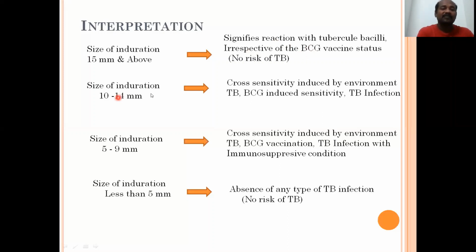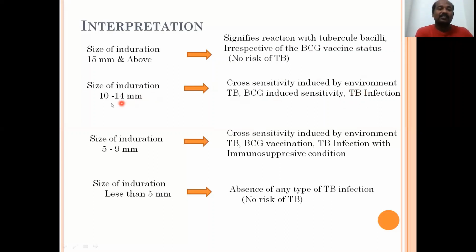If the size of induration is 10 to 14 millimeter, less than 15, that shows a cross sensitivity induced by environmental mycobacteria and or BCG vaccine induced sensitivity, and it confirms the tuberculosis infection.